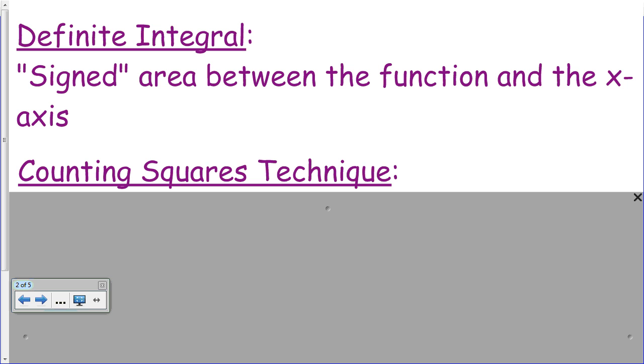That's very similar to the technique that we're going to use here. I say similar because when you did it before, there was one step that you probably left out in that process that we need to consider here. But also, you had a nice geometric figure to work with. That's not the case here with these types of problems because of the fact that it's the area between a function and your x-axis. So it's not going to be a nice geometric shape.